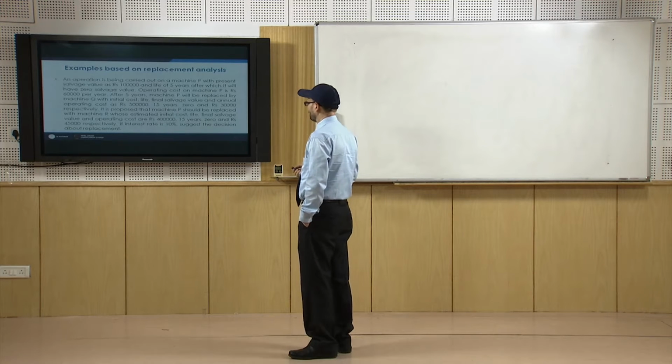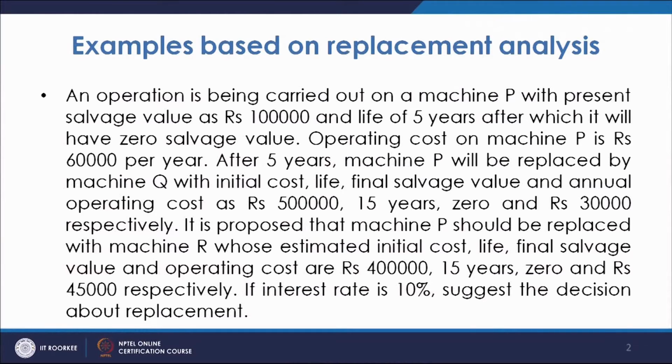So, let us see a problem where it is mentioned that the operation is carried out on a machine P with present salvage value as rupees 1 lakh and life of 5 years, after which it will have 0 salvage value. Operating cost on machine P is 60,000 rupees per year.